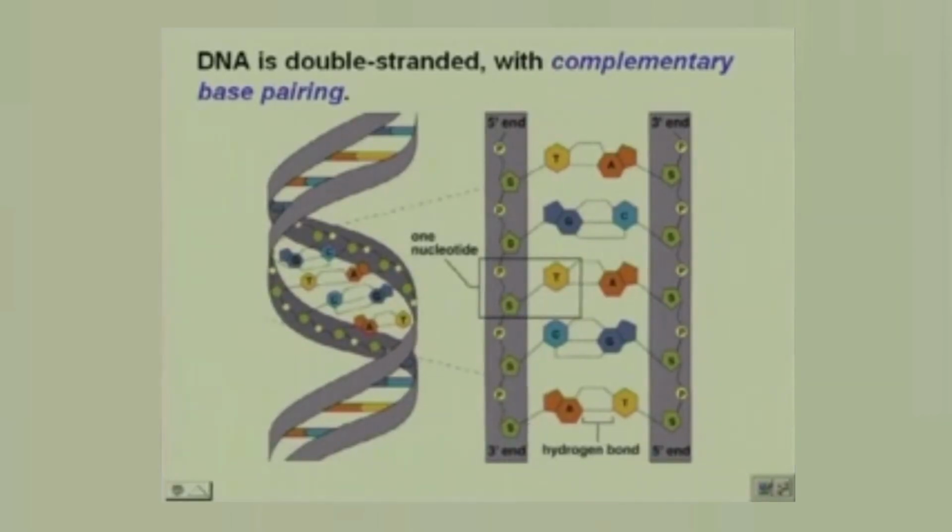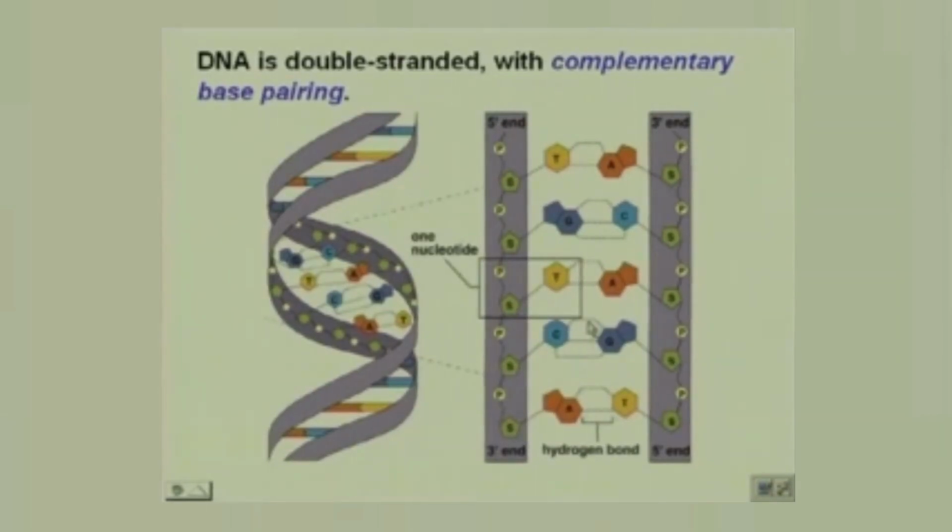Okay? So what we have is a constant distance throughout and a twisting. So it's called a double helical structure. We have two strands twisting around one another.